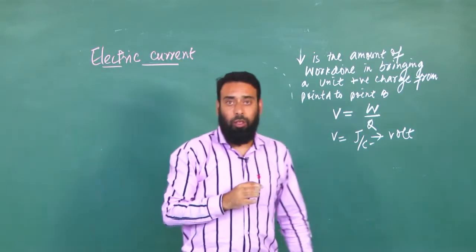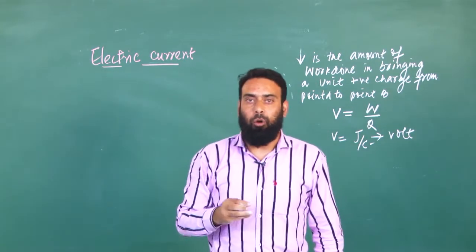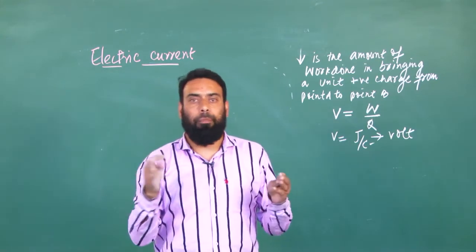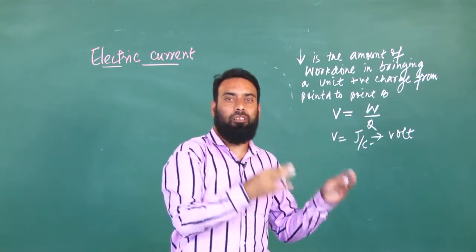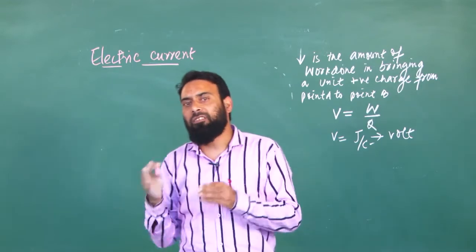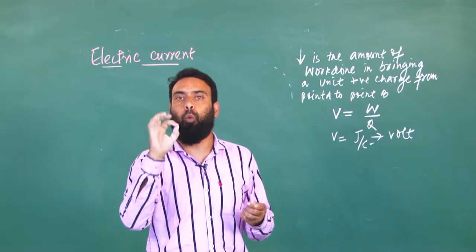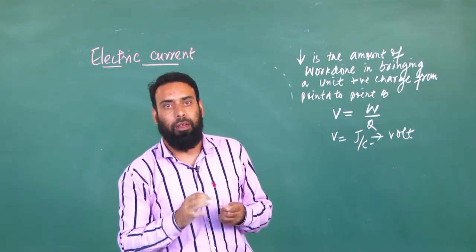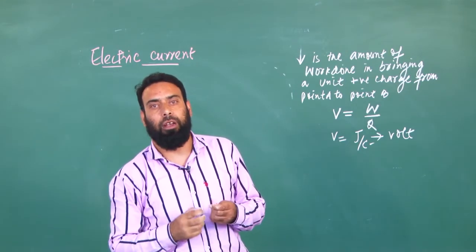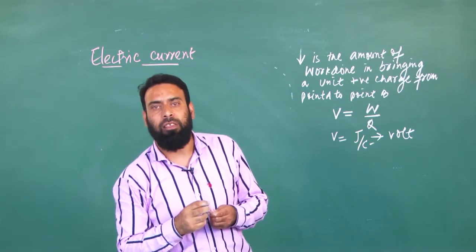So electric current, you know now, when we apply a potential difference across the ends of a conductor, the charges are flowing. When charges start to flow, what is the amount of charge flowing through a conductor in 1 second, in a unit time? That amount of charge flowing through a conductor in a unit time we call electric current.